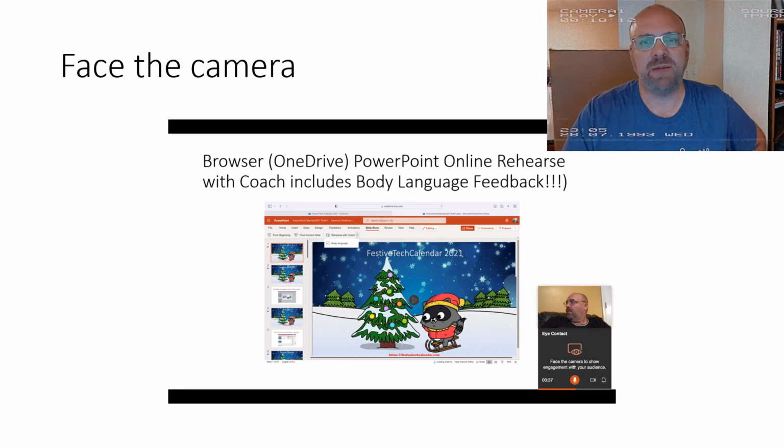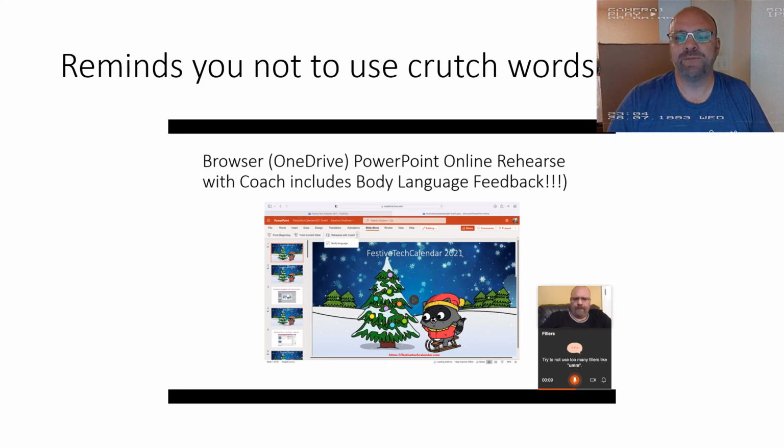It gives you that feedback of, hey, you're looking down at your notes, or you're looking off to maybe somebody else, or not looking at the webcam, not looking at your audience. It looks for those crutch words. If I say ah, or other types of crutch words, so, like, very, it picks those up in your speech and brings them to your attention.